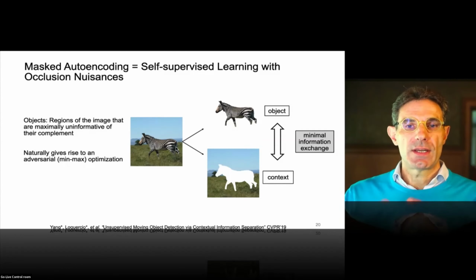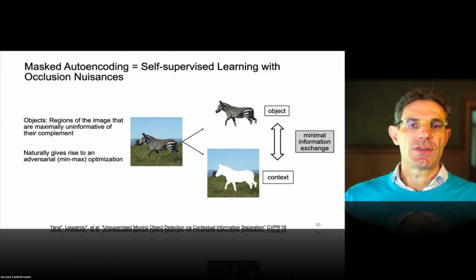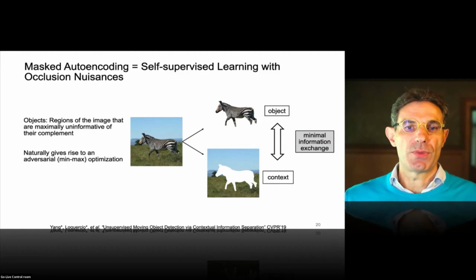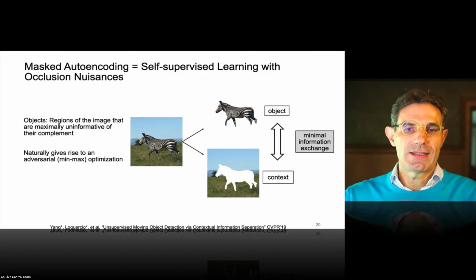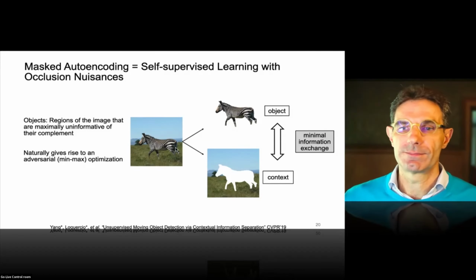So different hypotheses will yield different quality in the reconstruction of the segment of an image given its complement. And the hypothesis that gives you the worst possible reconstruction is the one that makes the foreground and the background uninformative of each other. They're independent in some sense. And so those are the objects. Once projected on the image, they make the inside of the image as uninformative as possible of the outside, and vice versa.